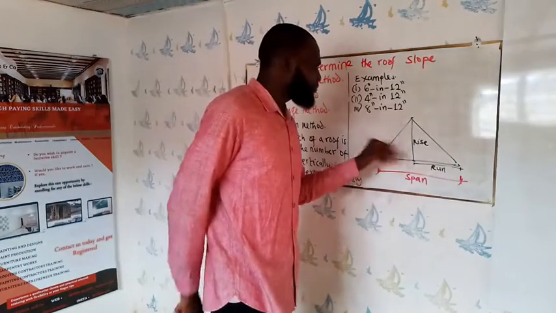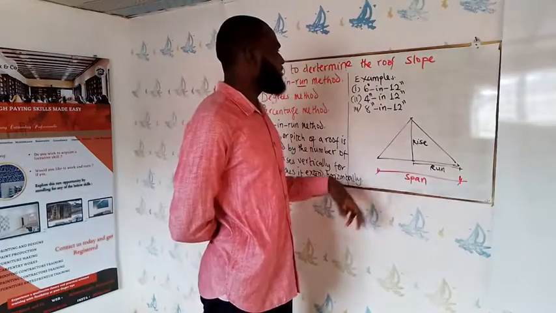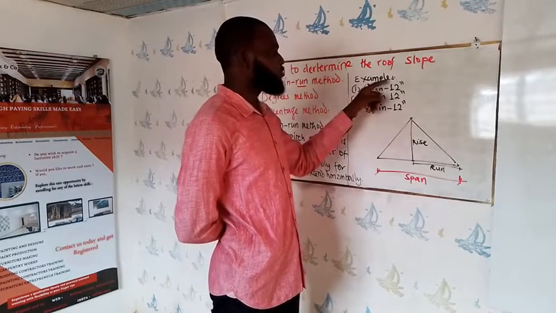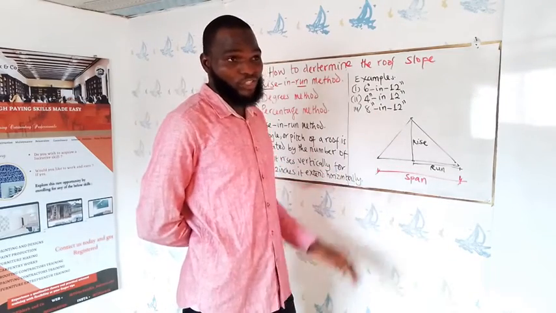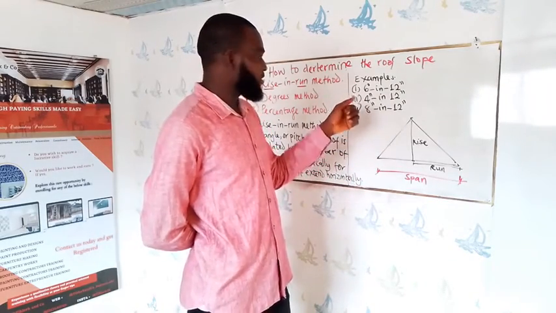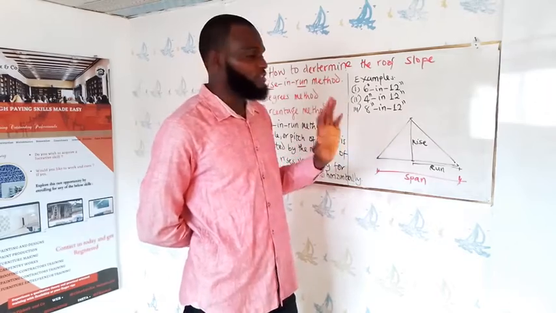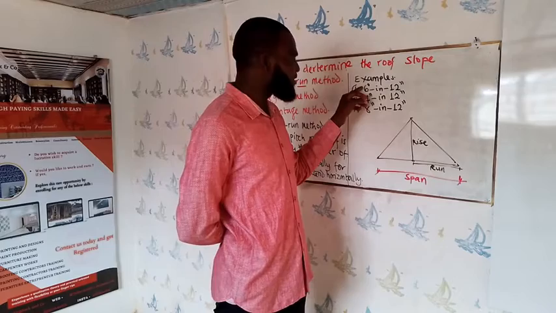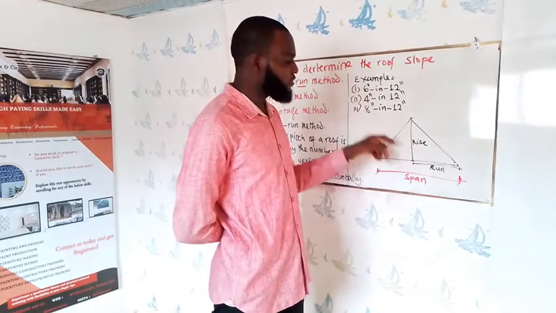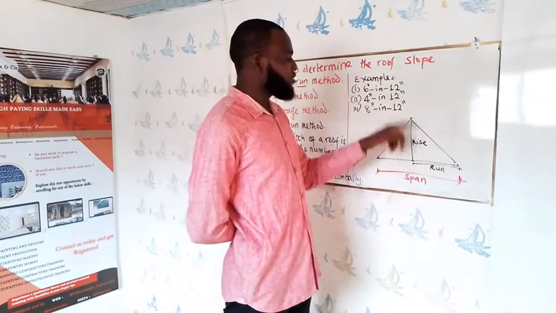Now, the prescription comes in this method: use 6 inches in 12 inches, which means it is the rise and run method. The first figure is for the rise, while the second is for the run.